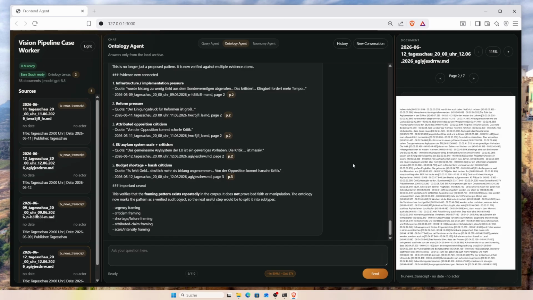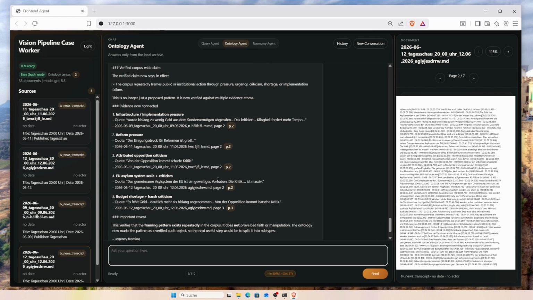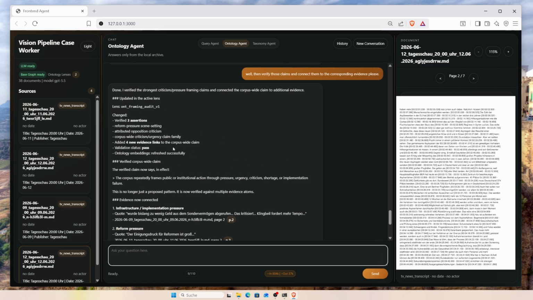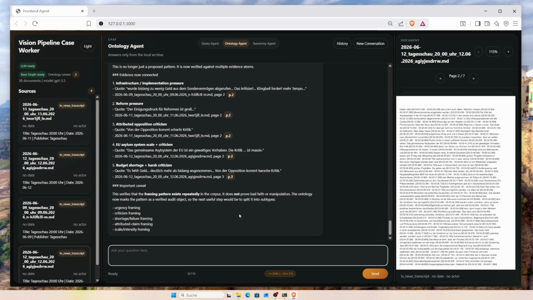If you have time and patience, if you use your low tier subscriptions, then you can drill down and unearth way more than that. You can say, concentrate on budget shortage or the refugee thing, or how opposition is framed, or whatever.